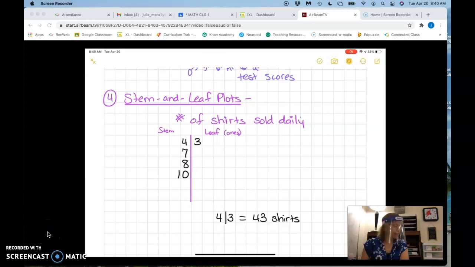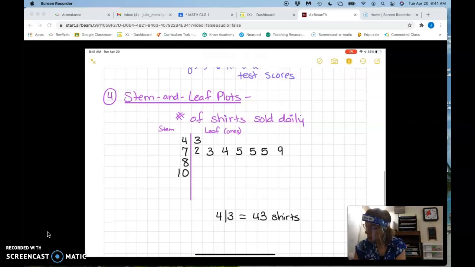So for the 70s, we have 72, 73, 74. We have 3 75s. So we're going to write 3 5s down. And we have 2 79s. So we're going to write 2 9s down in the 70s row. Okay, so each of those little numbers stands for a value.